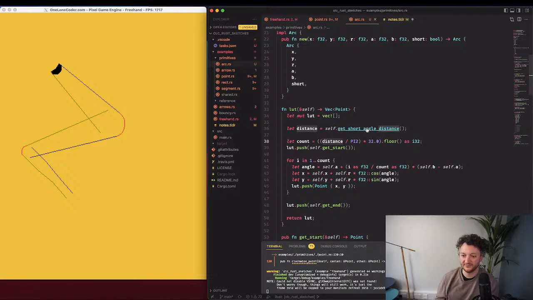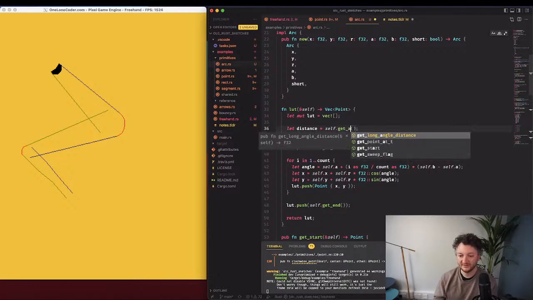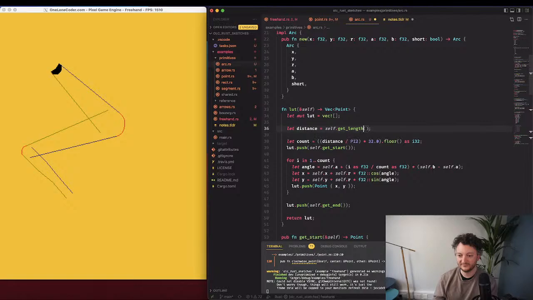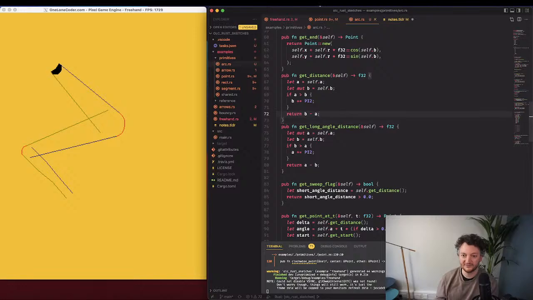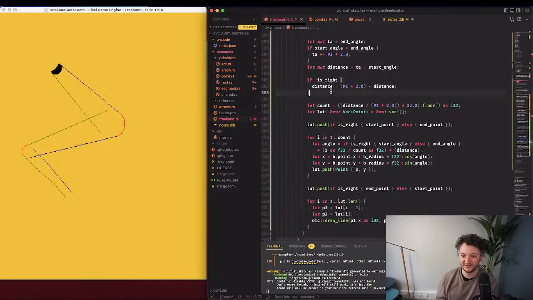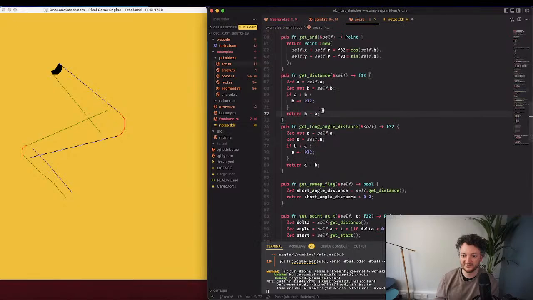We were doing this. So get distance. Okay, so we're gonna do distance, and we're gonna change this depending on the sweep.